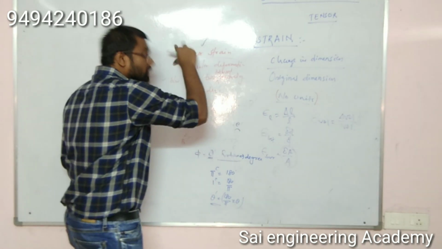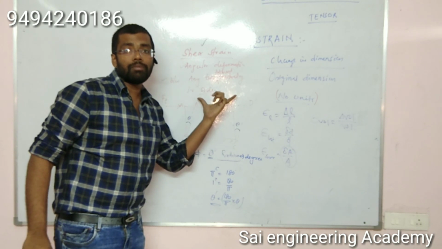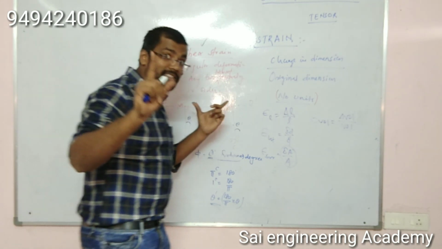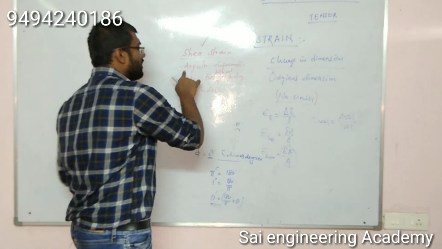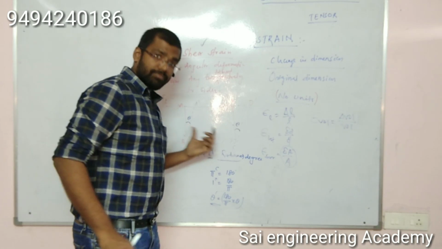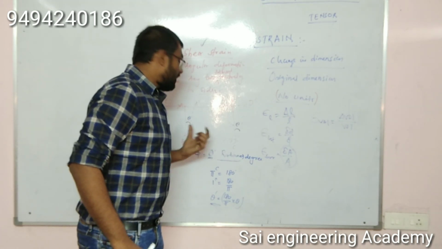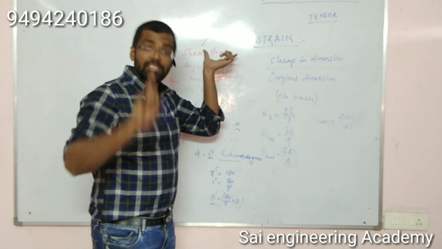But when we come to shear strain, it is the angular deformation between any two adjacent, mutually perpendicular sides. Angular deformation means it's not a ratio, it's a deformation in the angle, theta. So this theta has a unit, radian. That's why the only strain which has a unit is shear strain.